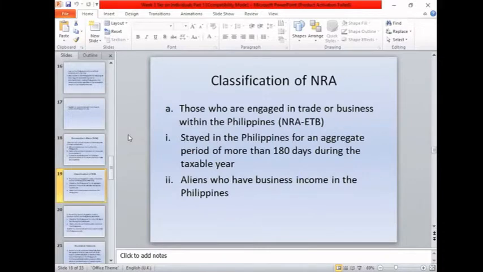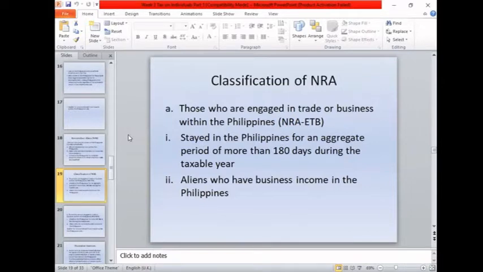So take note that a non-resident alien also has its classifications. And what are those classifications? First, the non-resident alien engaged in trade or business.